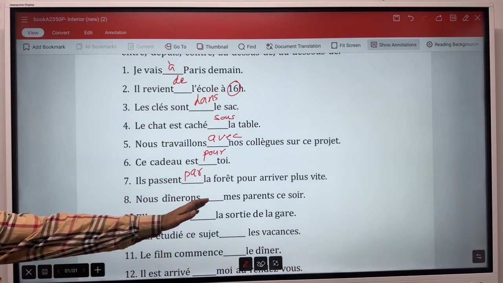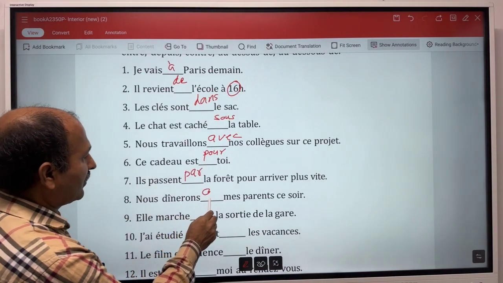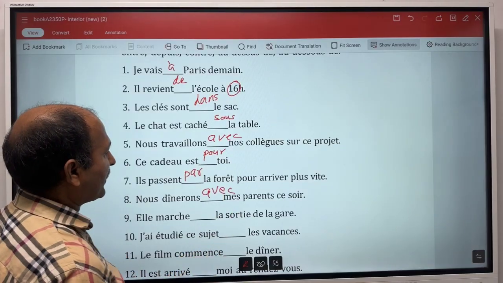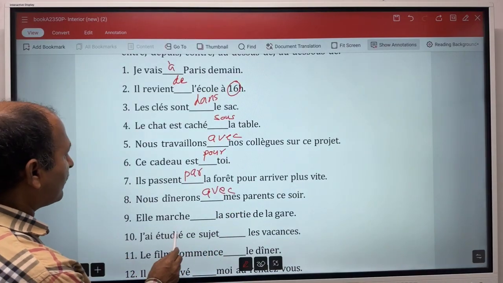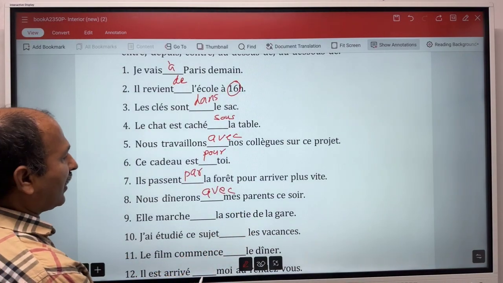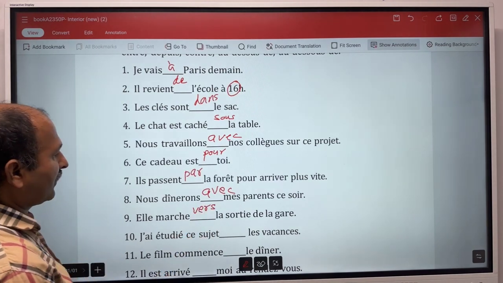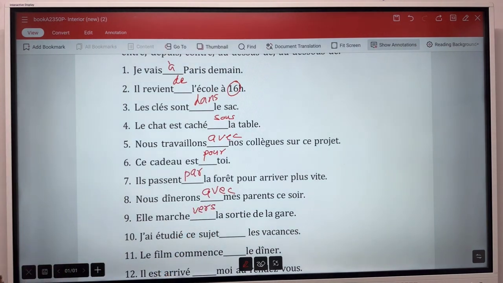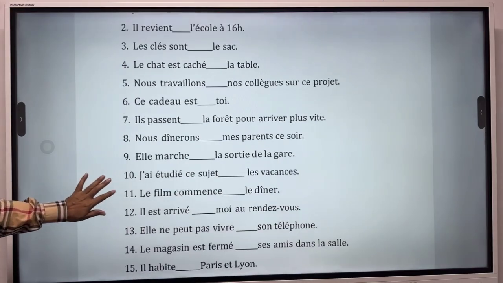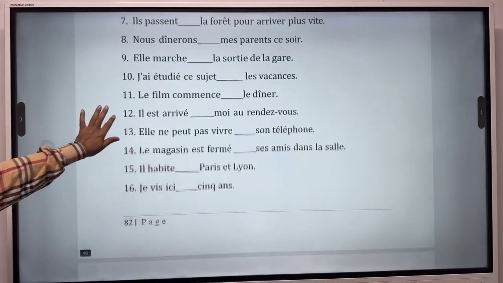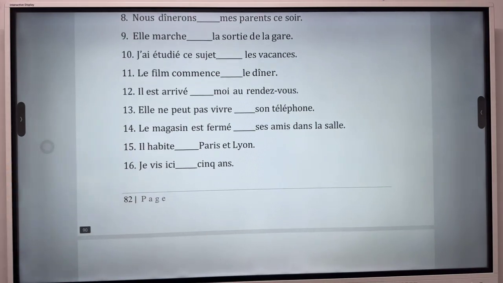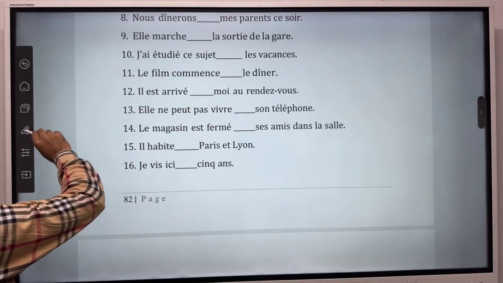Nous dînerons avec mes parents ce soir. Elle marche vers la sortie de la gare. Towards the exit of the railway station. J'ai étudié ce sujet pendant les vacances, during the holidays.